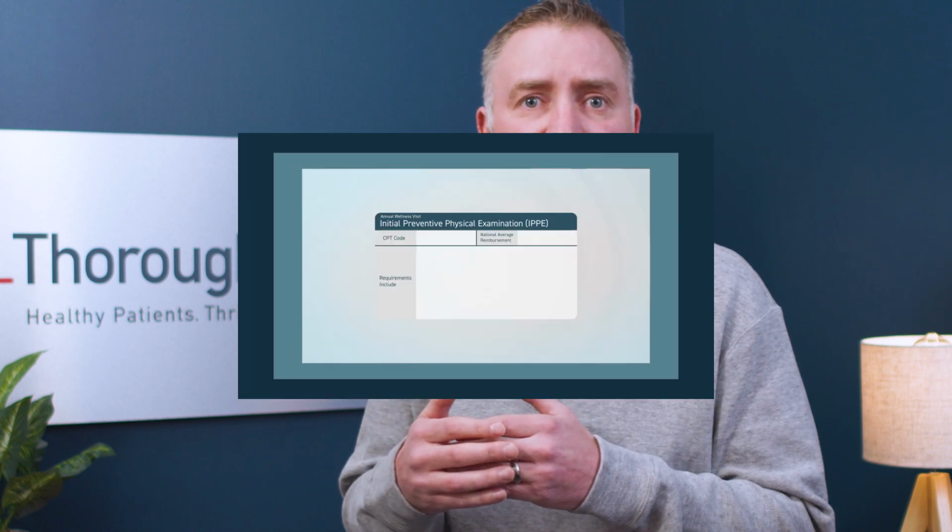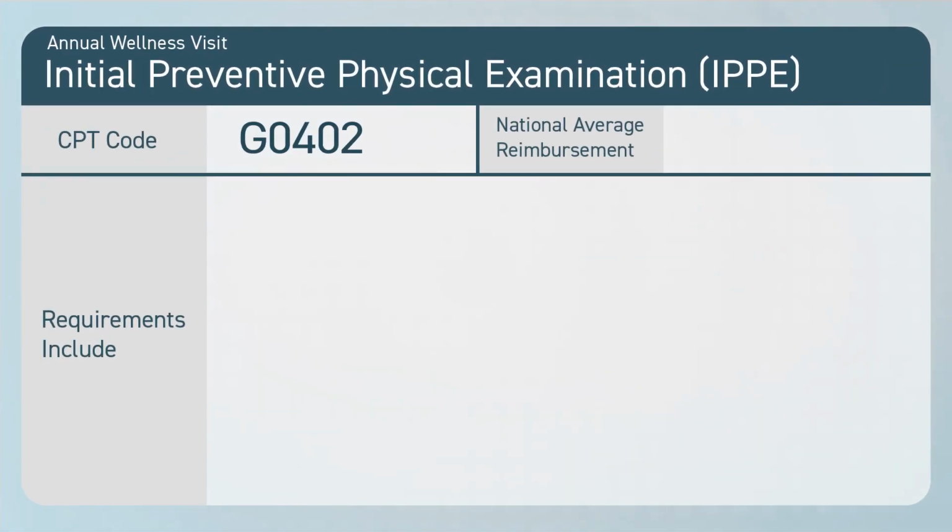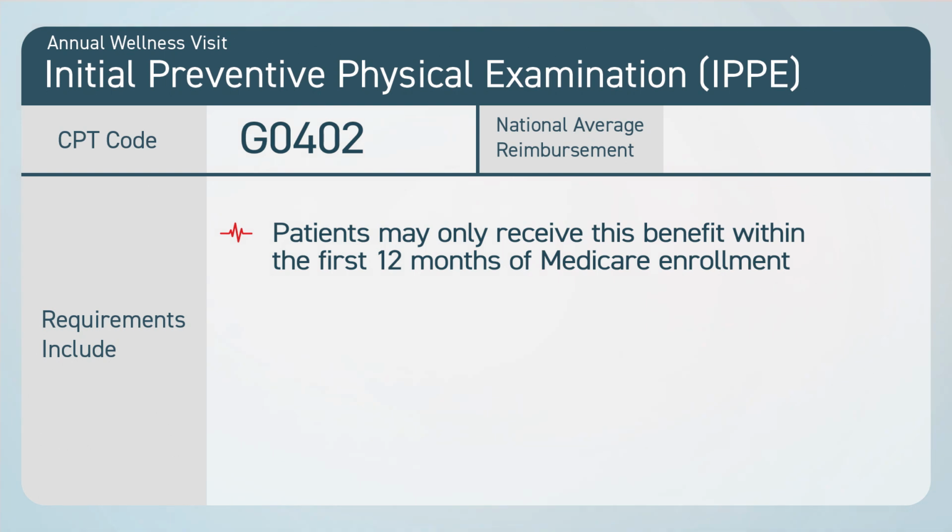Let's start with the IPPE, or the Initial Preventative Physical Examination. This visit is billed using CPT code G0402. This code can only be billed during the patient's first 12 months of their enrollment in Medicare Part B and is considered a once-in-a-lifetime assessment.